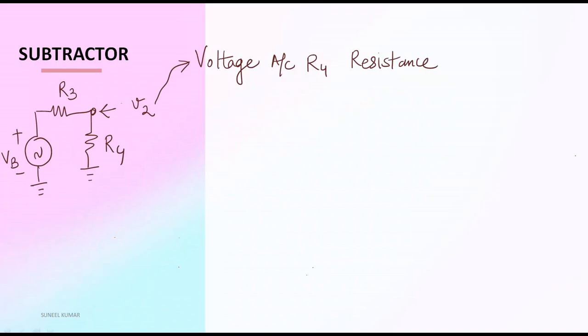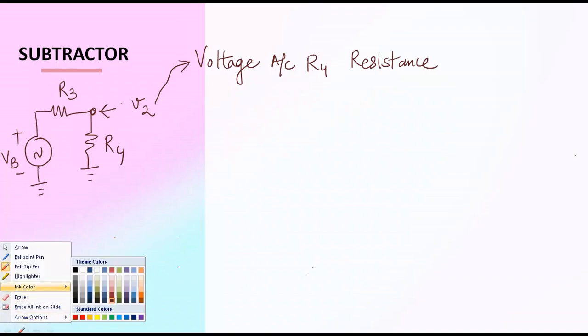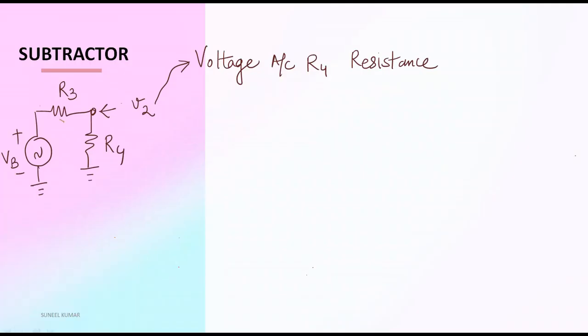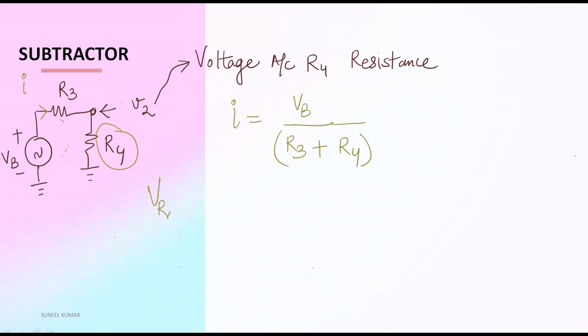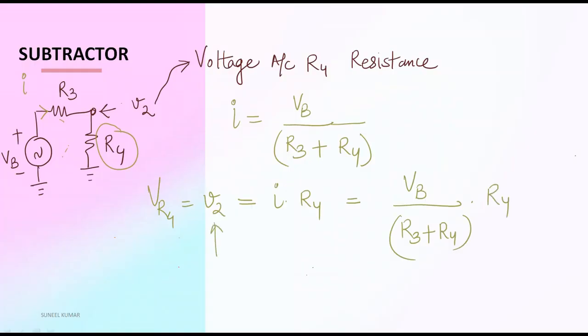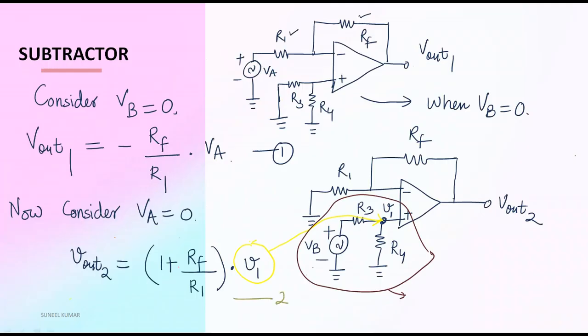Here we can write the current flowing in each branch as I. So we can write I as VB divided by R3 plus R4, the voltage source divided by the total resistance of the circuit. The voltage across the R4 resistance is basically V2, so this becomes simply I into R4, that is VB divided by R3 plus R4 into R4.